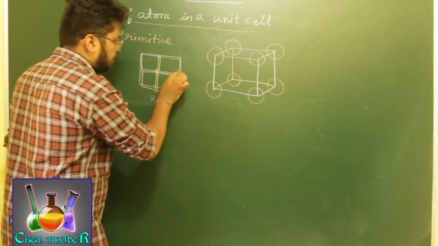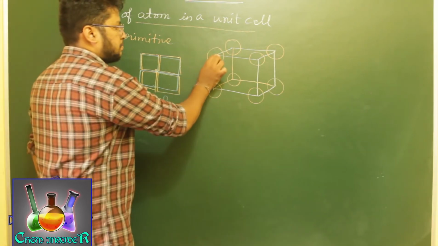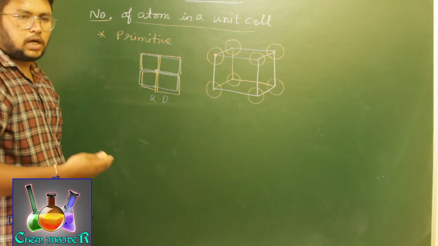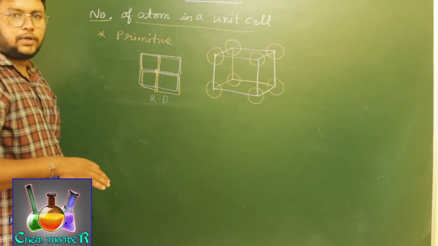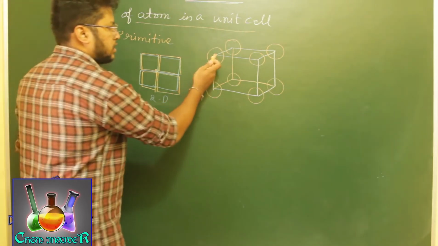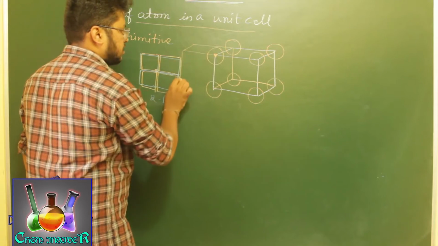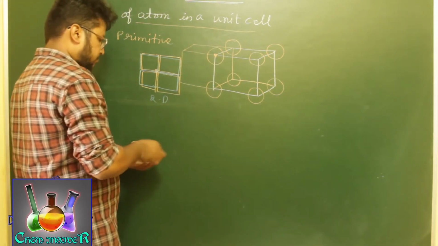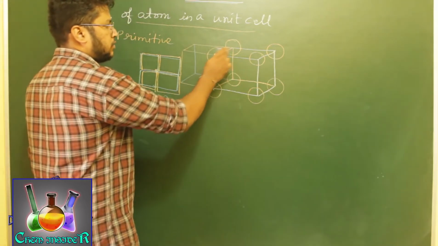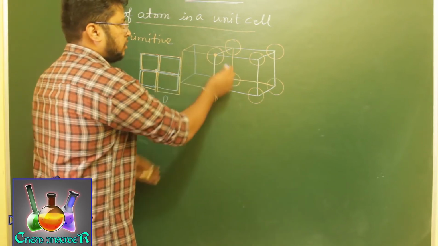So this particular point of a unit cell can be shared by 4 unit cells at one level in 2 dimensions and 4 more if you take it in 3 dimensions. So if you consider this point, there will be one more unit cell just like this at that position. Now this point is shared by 2 unit cells, and the 2 unit cells present towards you are like this.